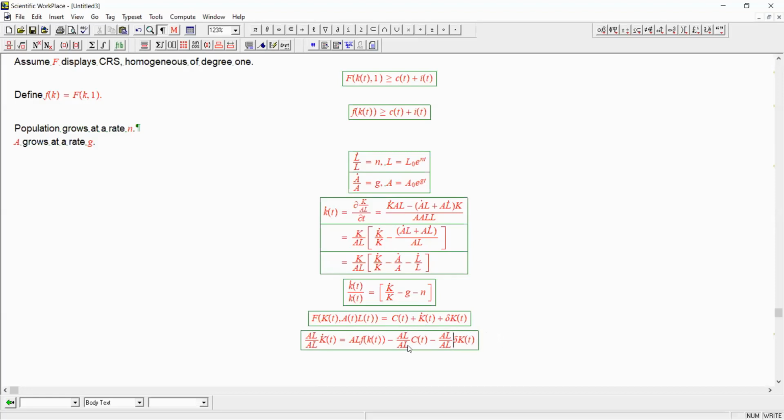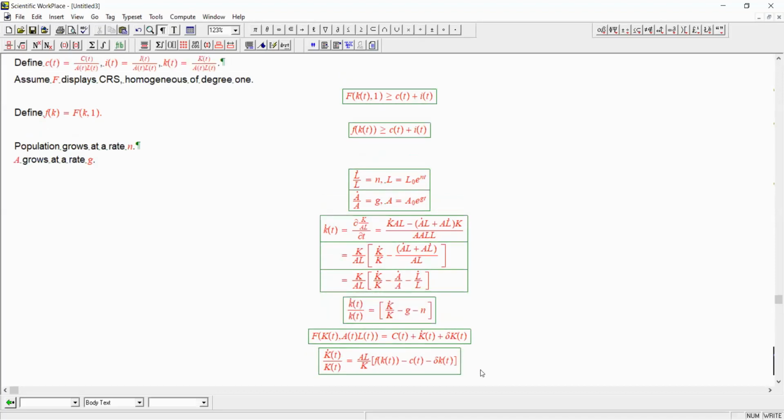This, of course, becomes small c of t. This becomes small k. Now divide both sides by k. We have this.